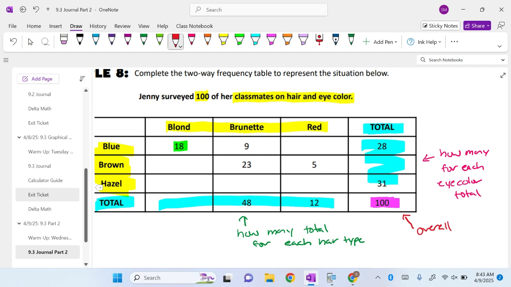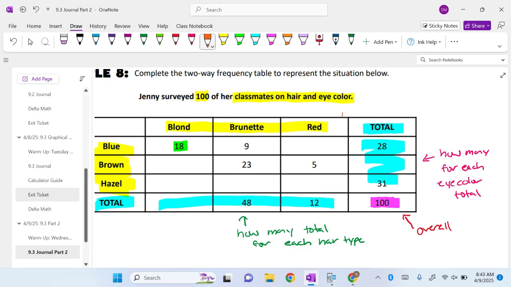We know that 18 of them are blonde and 9 of them are brunette. So how do you think we're going to find how many have red hair? How many blue-eyed people have red hair? What do you think we're going to do? Right. We'll add up the two categories that we already have and then subtract that from 28. So 18 plus 9 is 27.